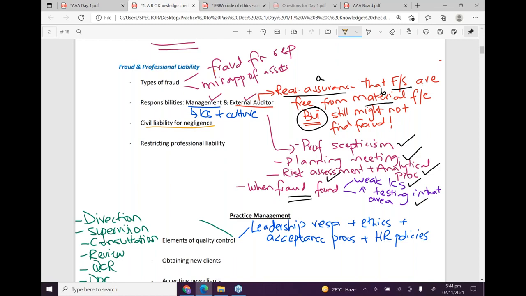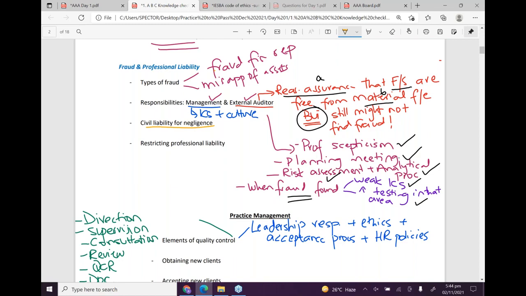Remember, in order to be proven negligent, you need to see whether there was an act of default. In other words, was the auditor negligent? Was there financial loss? So did the client actually face financial loss? And who the external auditor would be liable to?